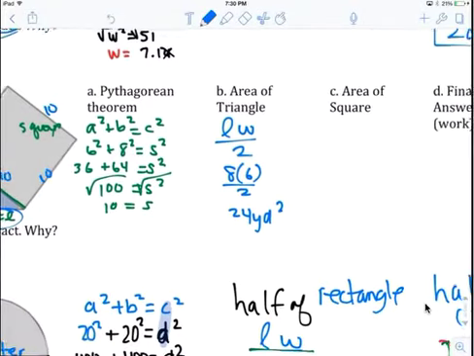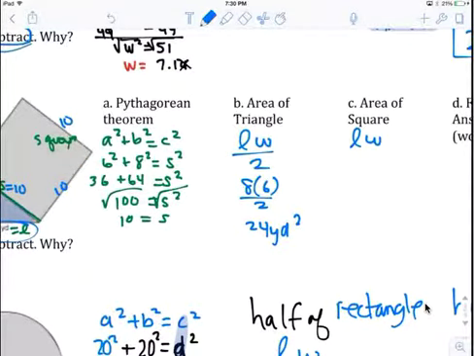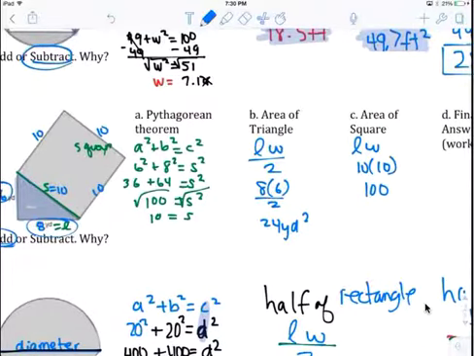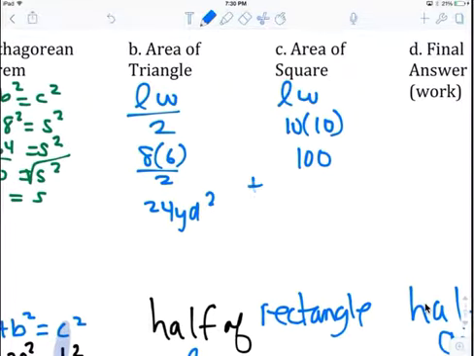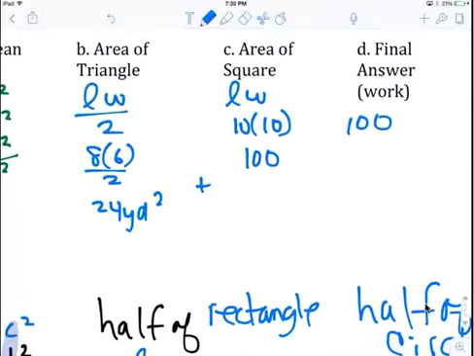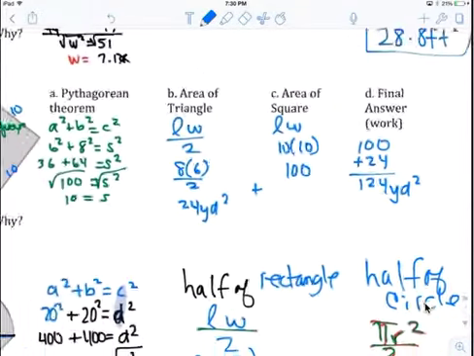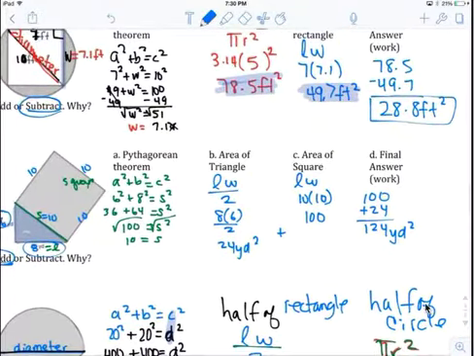Now the area of the square is also length times width. 10 times 10 is 100. Because this is side by side, we add them. 100 plus 24 is 124 yards squared, the area of the shaded region.